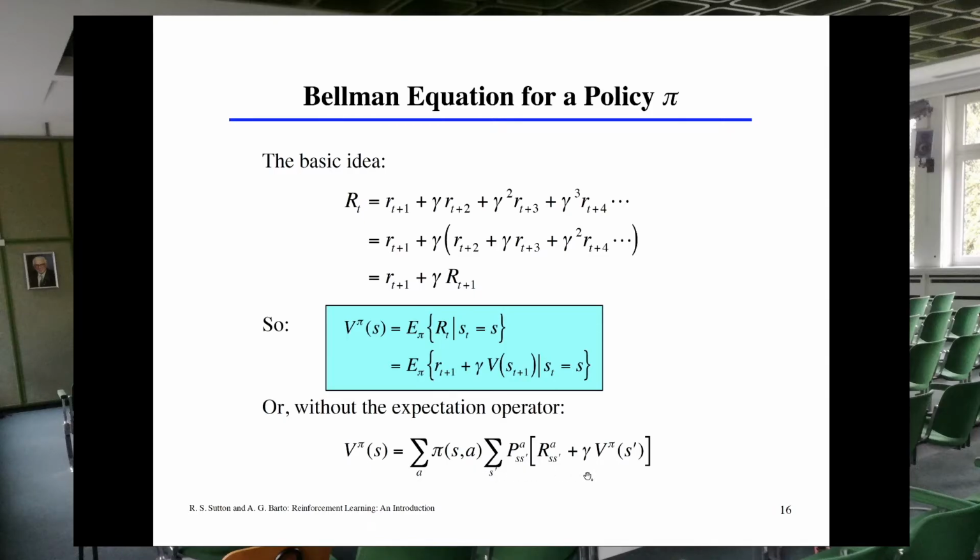It is important to notice that the definition of this equation is a recursive definition. So to compute the value of some state S, you need to access the value of all the possible next states. So it calls itself with a different parameter.